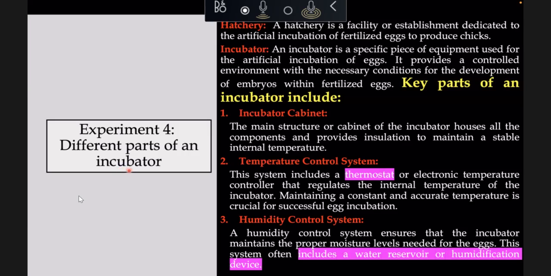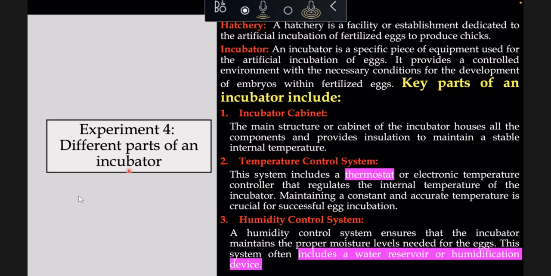Incubation is the process of providing heat and a constant humidity or a certain environment for the eggs so that they hatch, right? Providing such an environment so that the eggs hatch and chicks come out. This is what is called incubation.